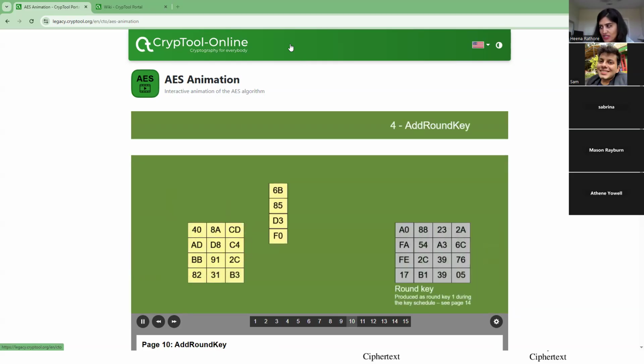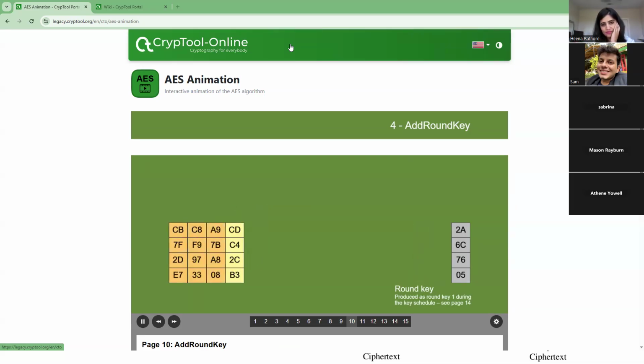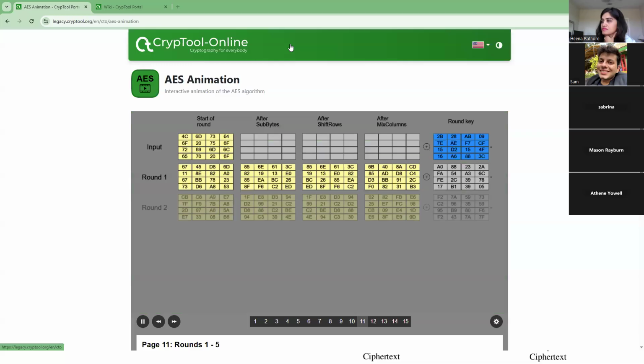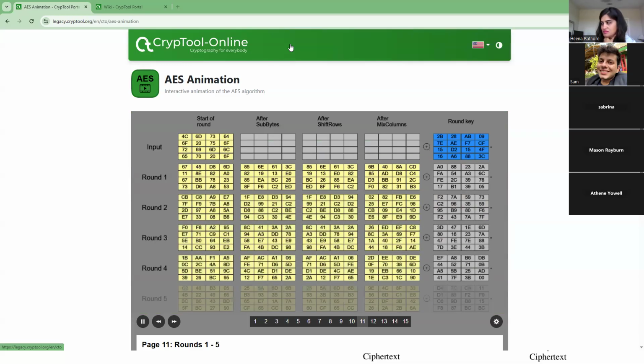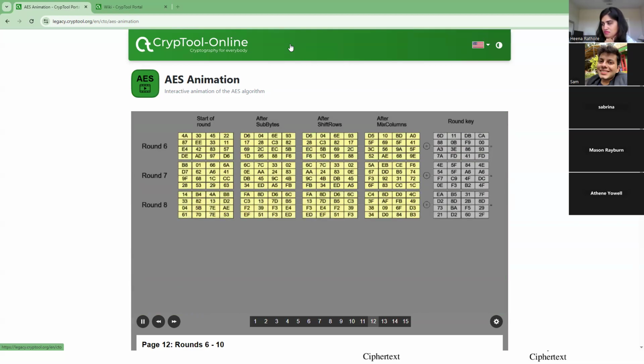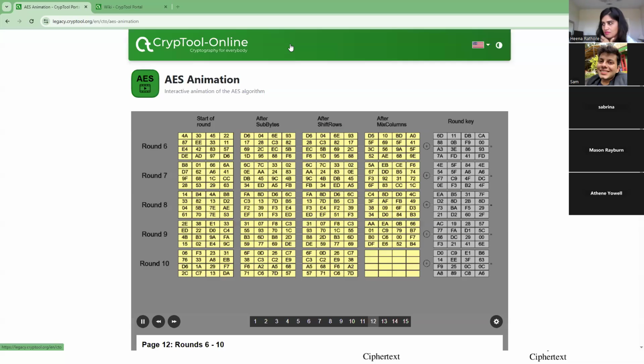Then is the round key. They take one column and add a round key to generate a new column. Finally, they get the output, which is also 128 bits. So this is the encryption process.